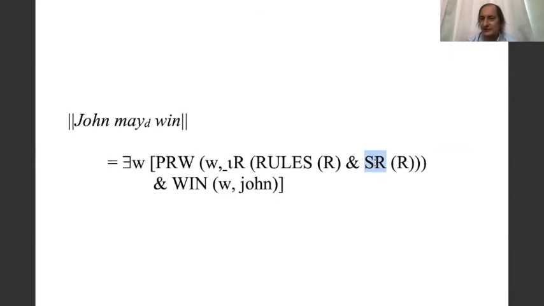We could have used the laws, we could have used school rules, we could have used John's wife's requirements. I've just chosen speaker requirements here, okay? So there's some world which is a world in which all of the speaker's requirements are followed, in which John wins. That's our interpretation of deontic John may win.